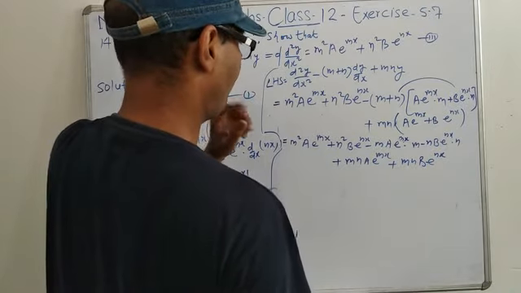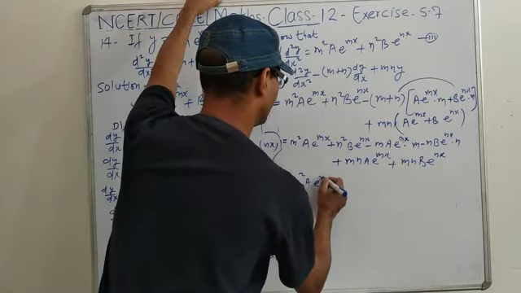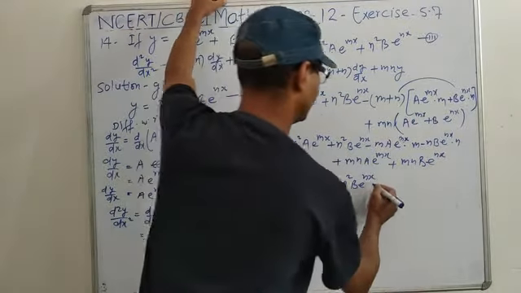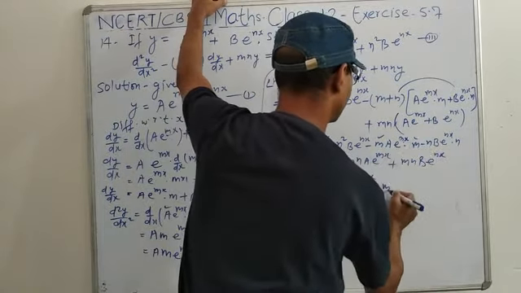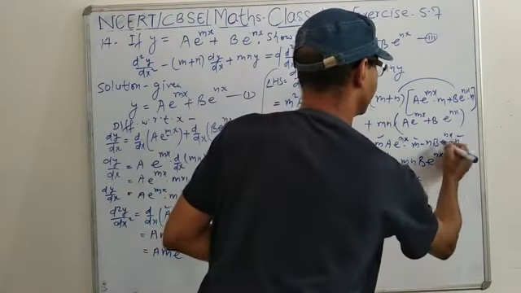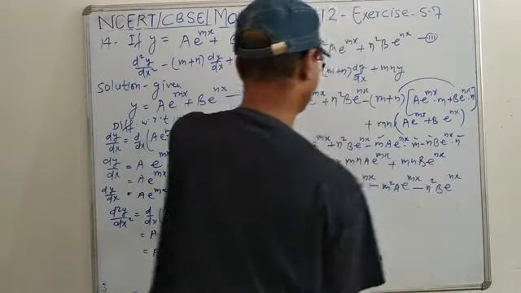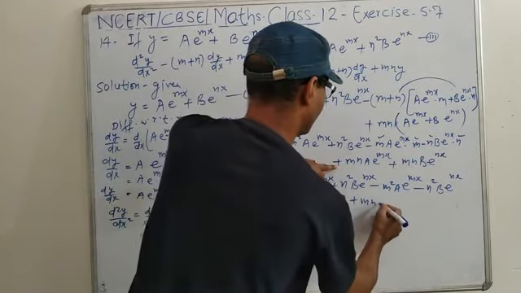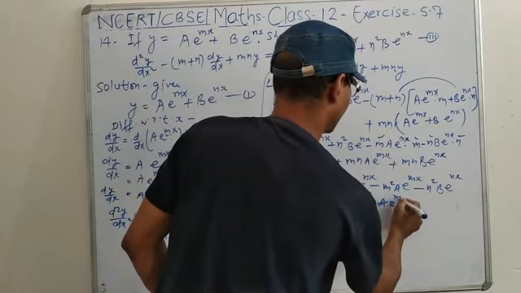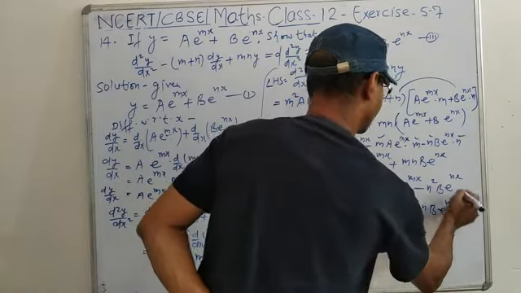So we can see m square a e to the power mx plus n square b e to the power nx, minus m into m square a e to the power mx, minus n into n square b e to the power nx, and these are as it is, plus mn a e to the power mx plus mn b e to the power nx.